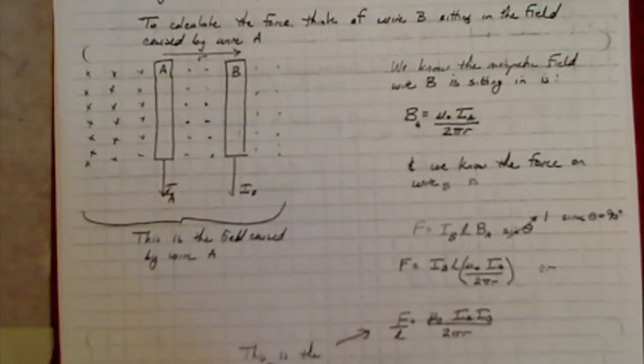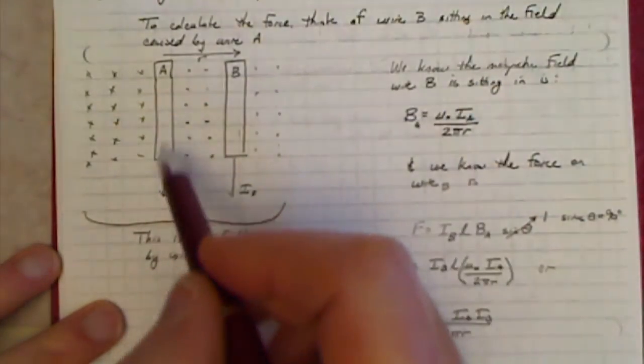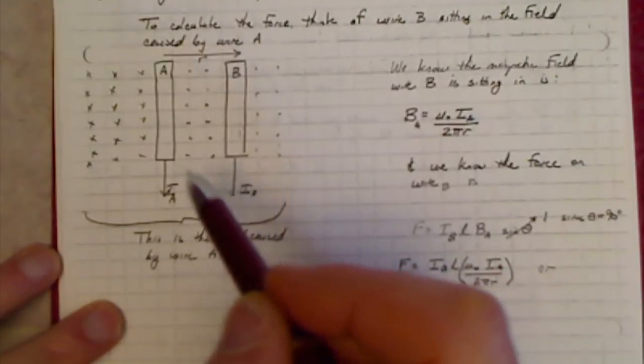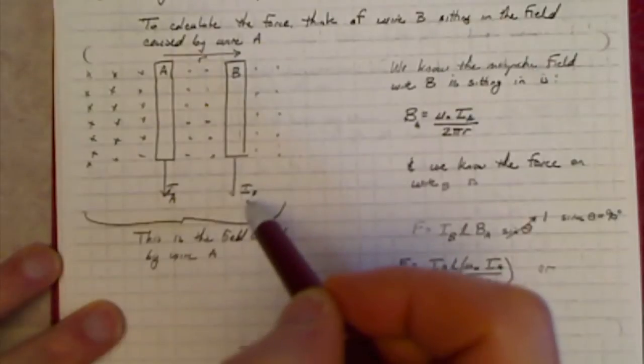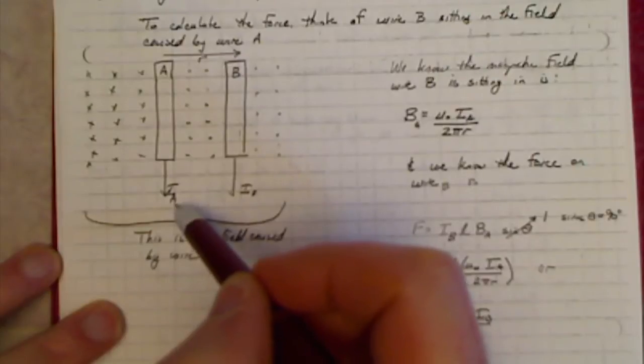We'll be able to get the force per unit length on the wire, and we'll see where that goes. Now, let's think about wire B as if it's sitting in the magnetic field caused by wire A.